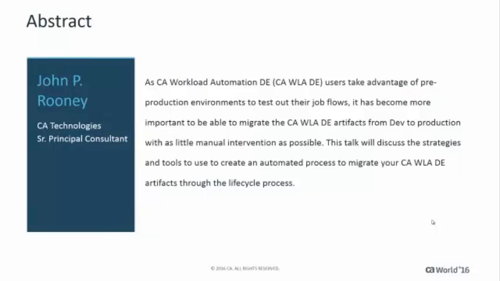As CA Workload Automation DE users take advantage of pre-production environments to test out their job flows, it has become more important to be able to migrate the DE artifacts from dev to production with as little manual intervention as possible. This talk will discuss the strategies and tools to use to create an automated process to migrate your DE artifacts through the lifecycle process.